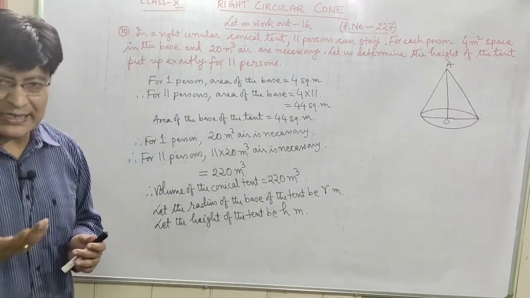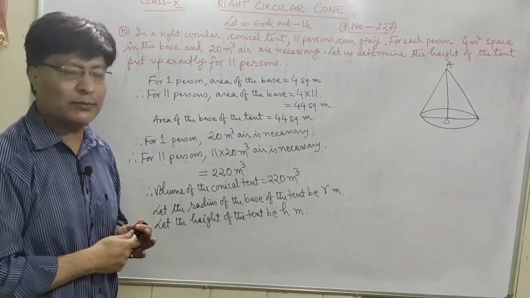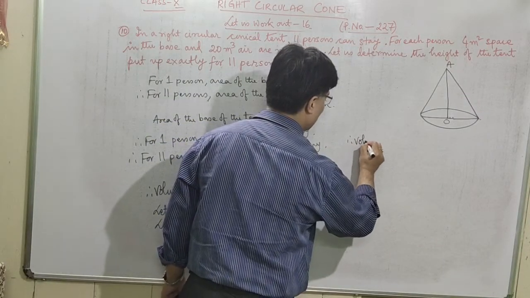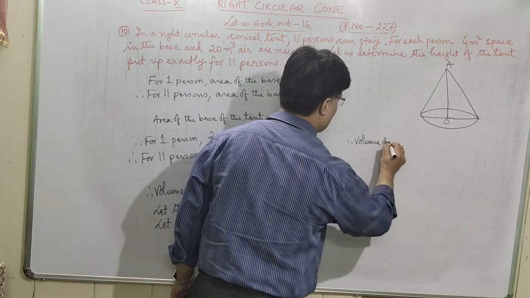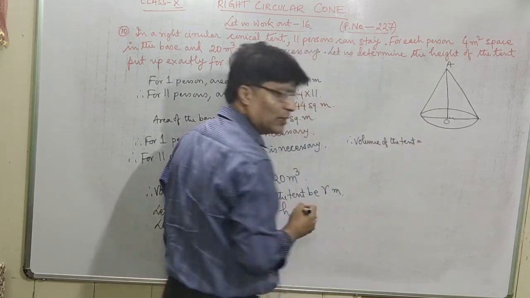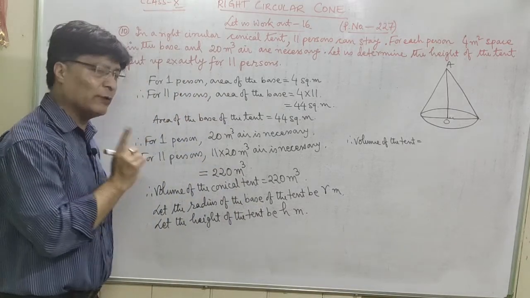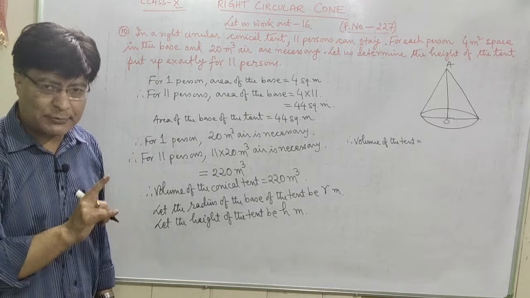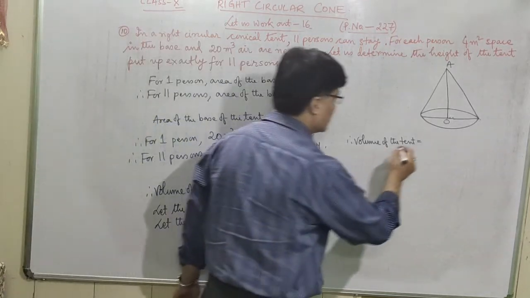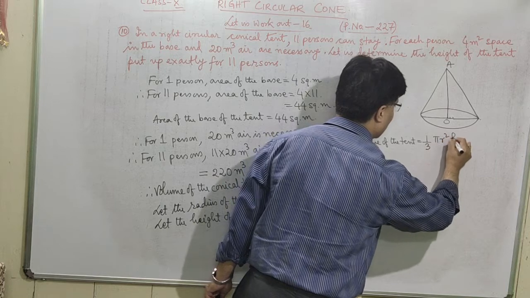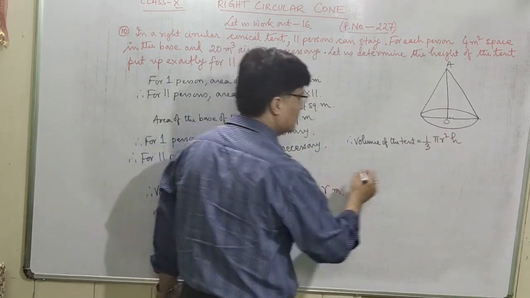So now let us write down the volume of the tent. What is the formula? Volume of the tent means volume of the conical shaped tent, which is equal to 1/3 pi r square h. Is that clear?